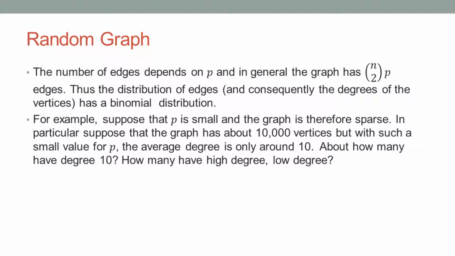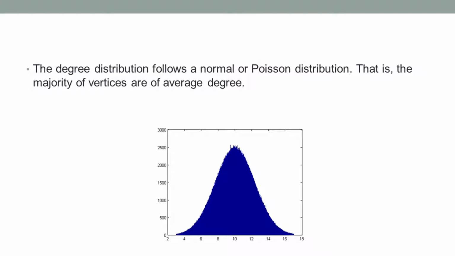Now, if you look at a given fixed p and then find the average degree, how are the edges distributed across a random graph? Well, the number of edges in general you can think of as n choose 2, all possible edges, times p. But what is the distribution of the edges? Since this is a normal or Gaussian distribution, what you would see is this normal or bell curve, so to speak.